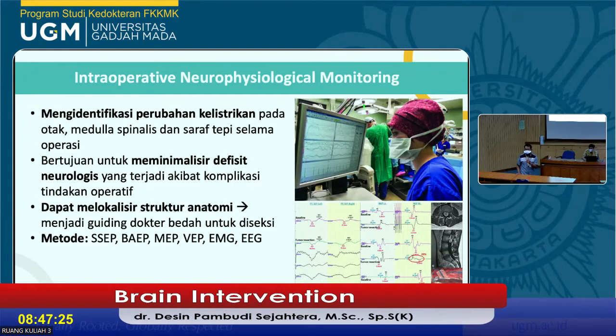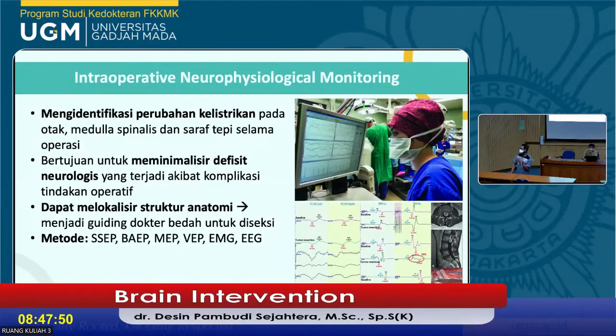Unconscious, under anesthetic agent. But we can command the brain to give some stimulation to motor and sensory. So the patient is not conscious, but we can command the brain, for example to move the hand. So this is direct stimulation on the brain.